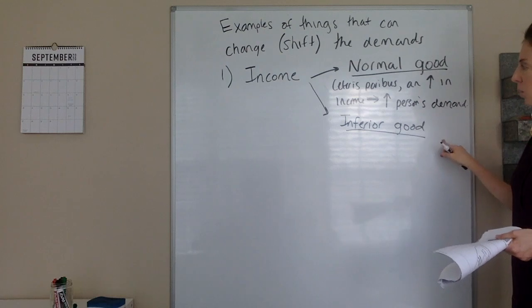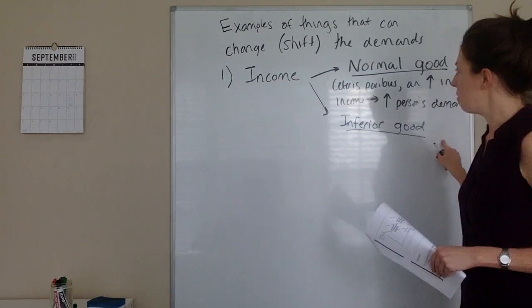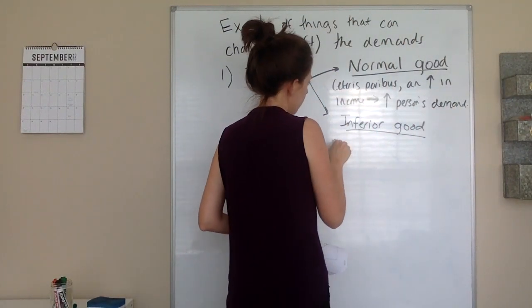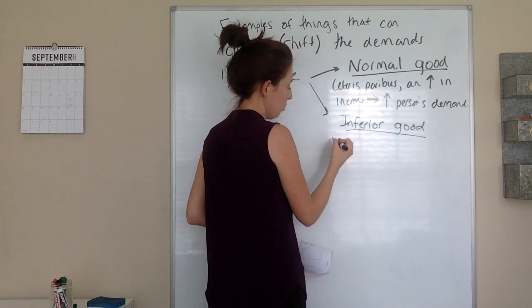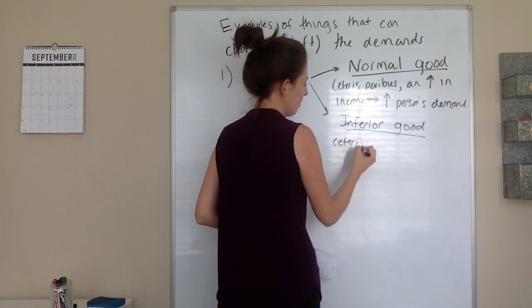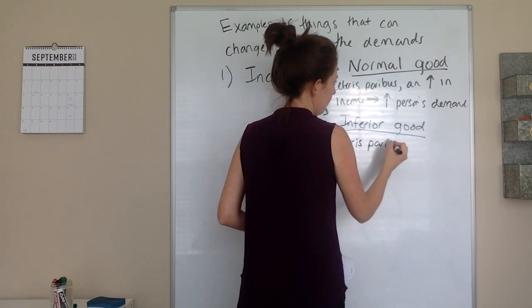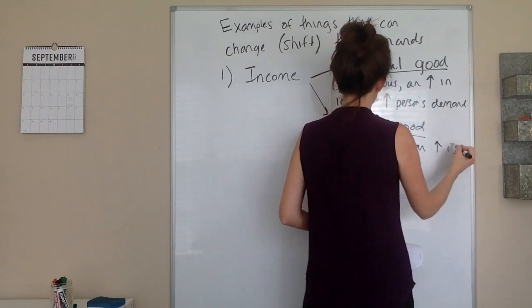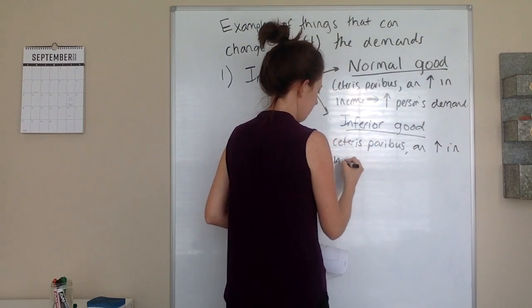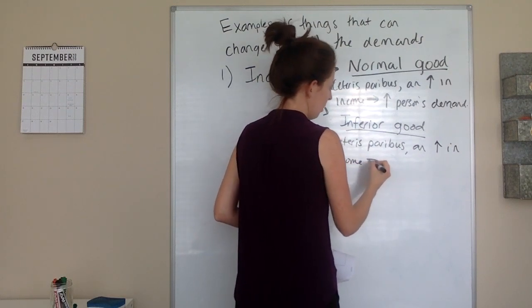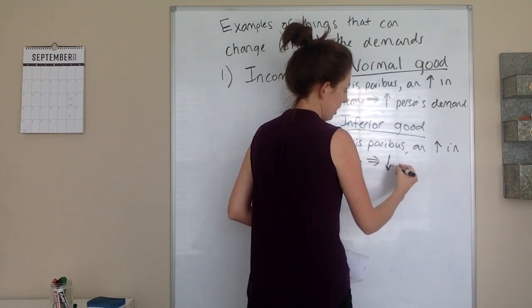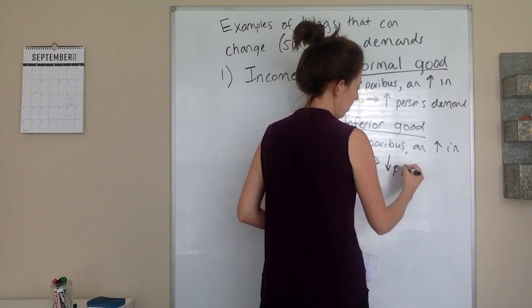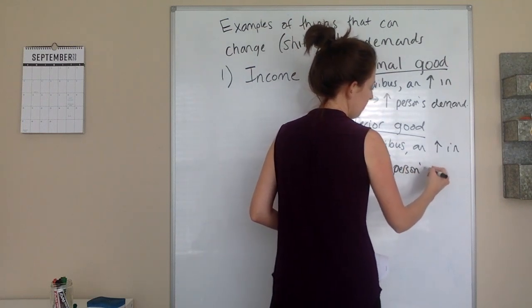Okay, the opposite of a normal good is an inferior good. So an inferior good is one where, if you hold everything else equal, so ceteris paribus, an increase in a person's income causes a decrease in the person's demand for the good.